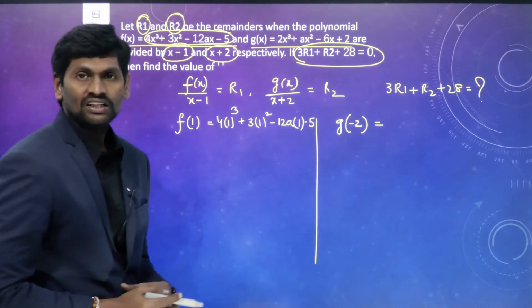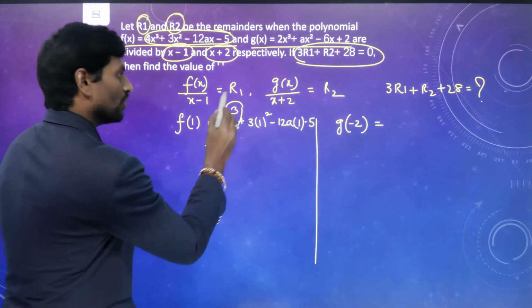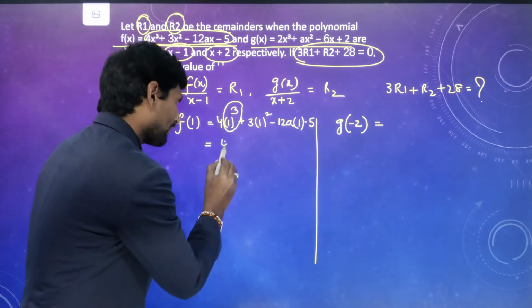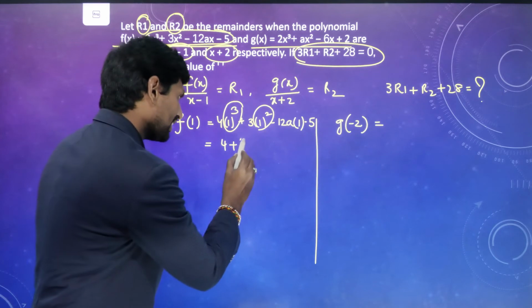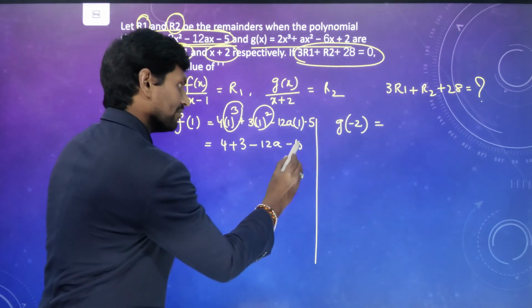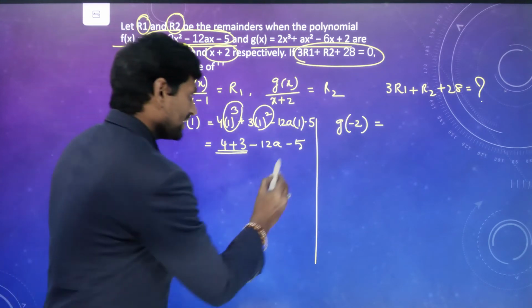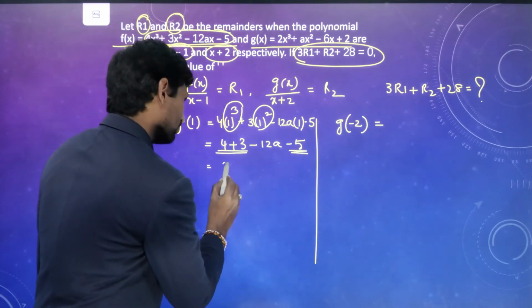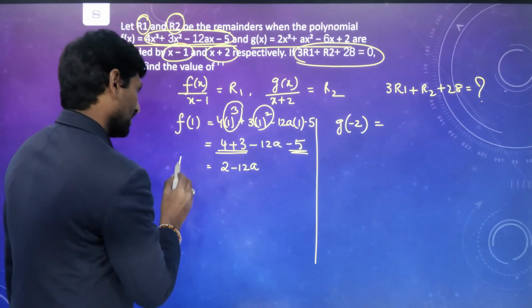Simplify this. 1 cube value is 1 only, 4 ones are 4. 1 square is also 1, 3 into 1 is 3, 12a, minus 5. Check the answer. 4 plus 3 is 7, 7 minus 5 is 2. This is 2 minus 12a. This is remainder 1.